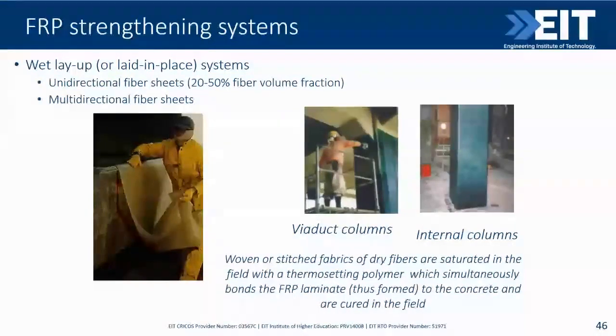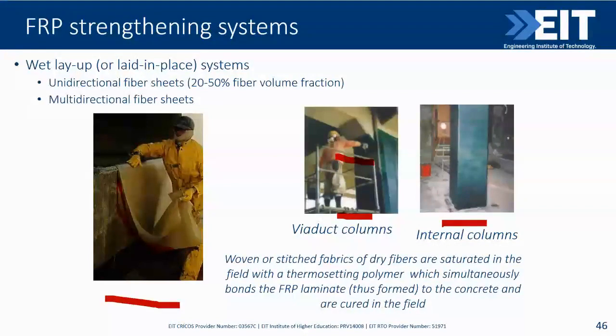That's what you see in this picture. They are cured in the field, and at the same time they create a bond between FRP and concrete. So when you do these lay in place cases, that's the resulting bond.